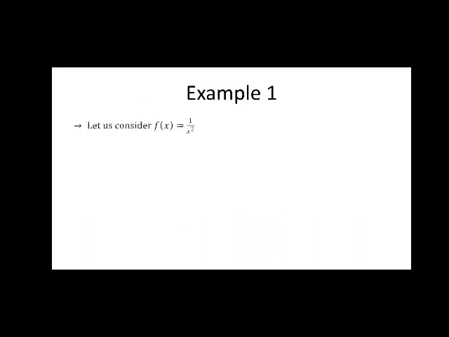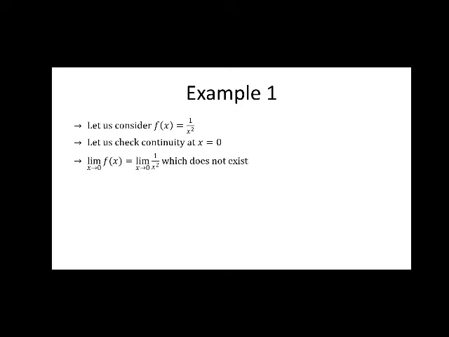Let us take the first one, f(x) equals 1 by x square, and check the continuity at x equals 0. At x equals 0, the limit as x tends to 0 of 1 by x square does not exist. Why? Because if I put x equals 0, it does not give me any finite value, and when a limit does not give a finite value, we say that the limit does not exist.